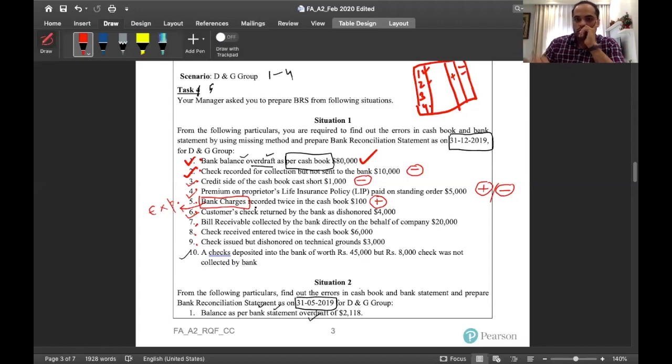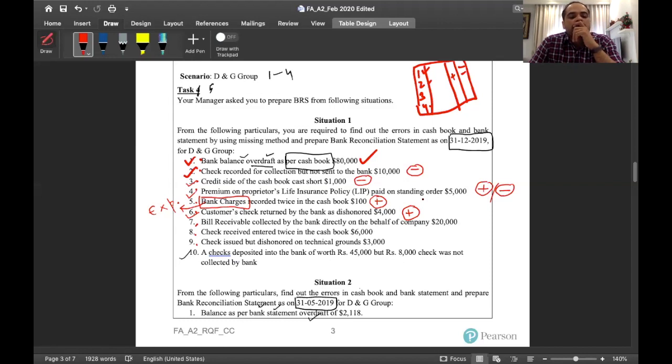Positive. Everybody positive? Yes. Okay. Customer check returned balance, very positive. Okay. Next, number 7.